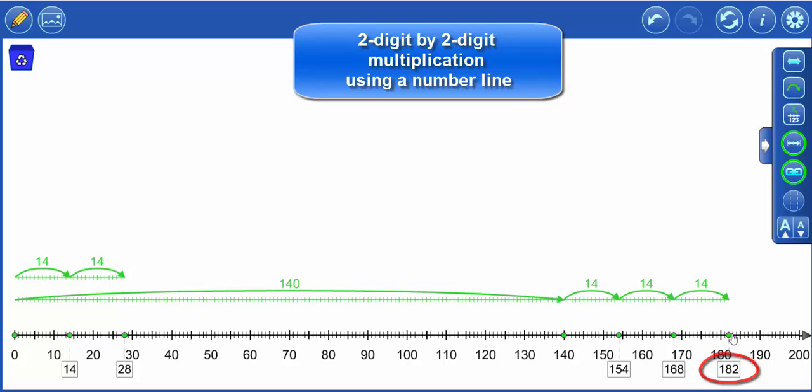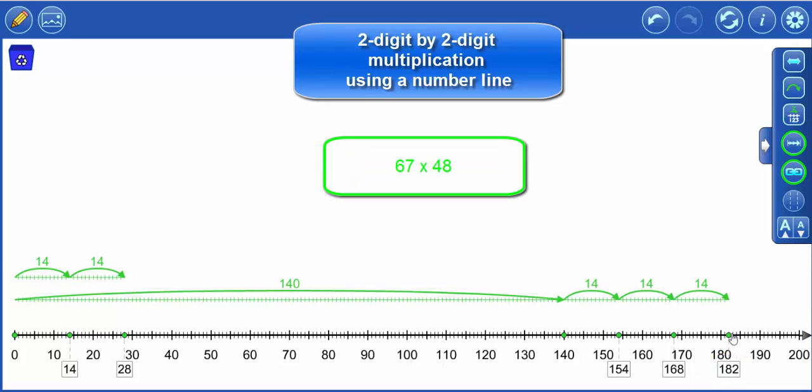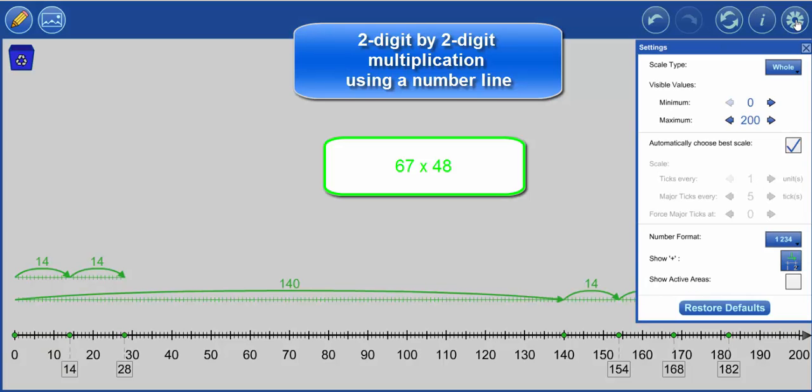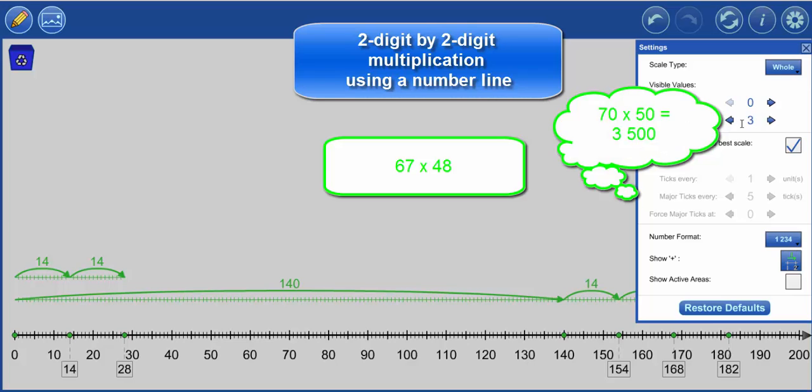But what about multiplication with larger numbers, like 67 times 48? I'll need to customize my number line because 67 is about 70 and 48 is about 50. 70 times 50 is 3,500.